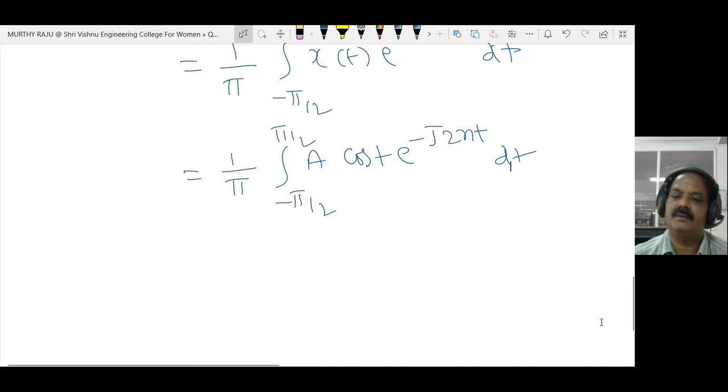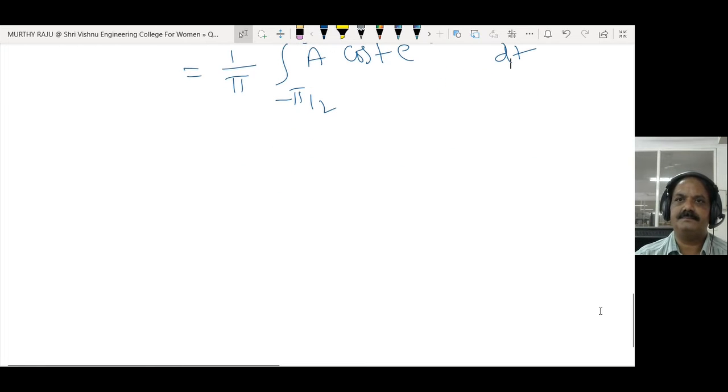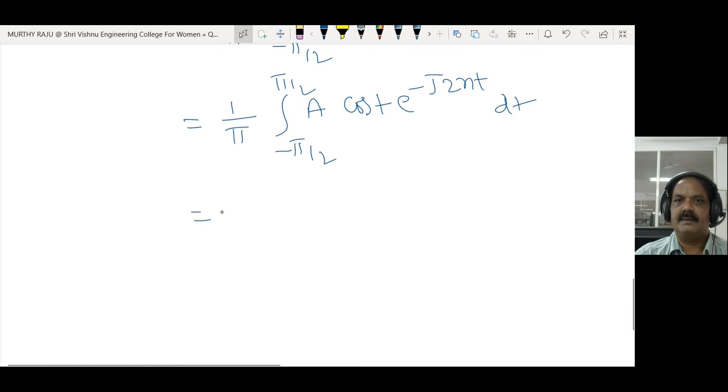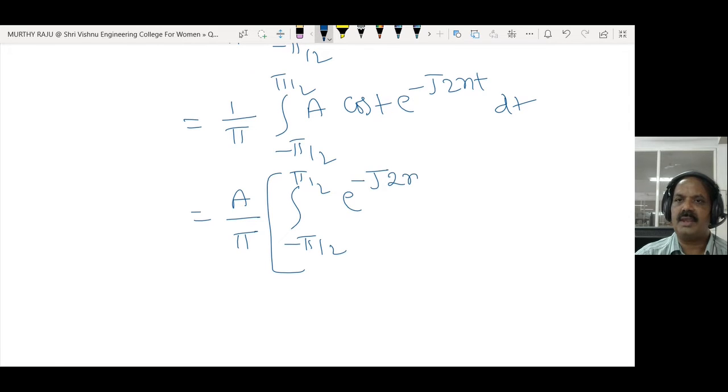That is A by pi integral from minus pi by 2 to pi by 2 of e power minus j 2n t cos t dt.